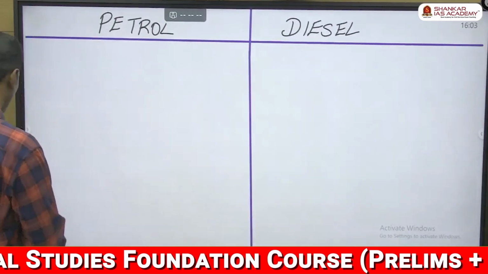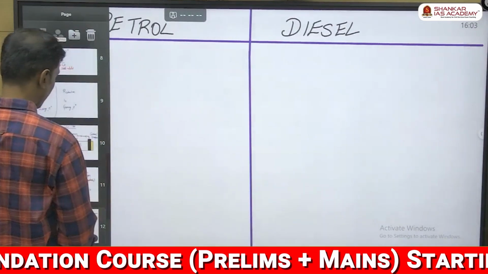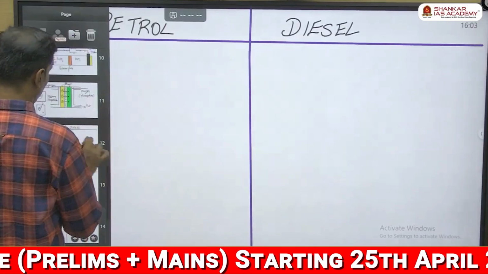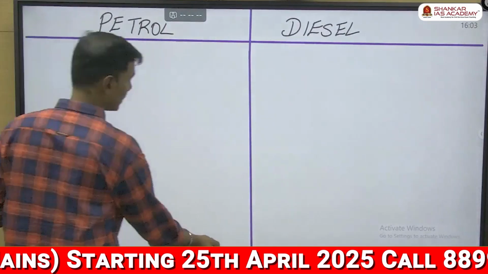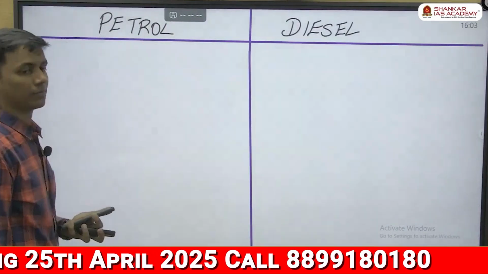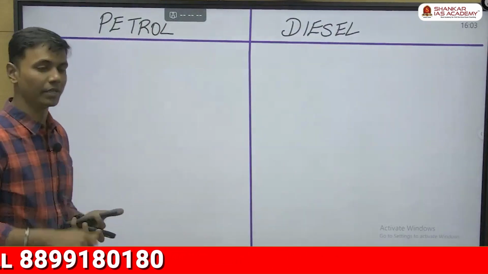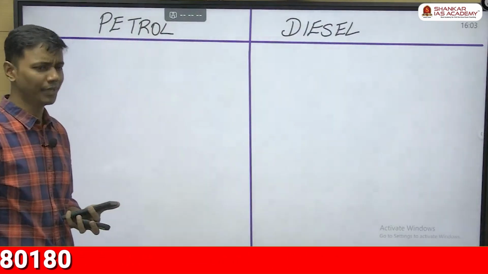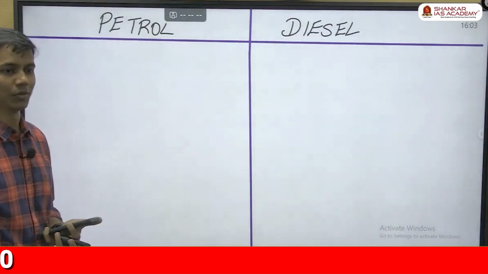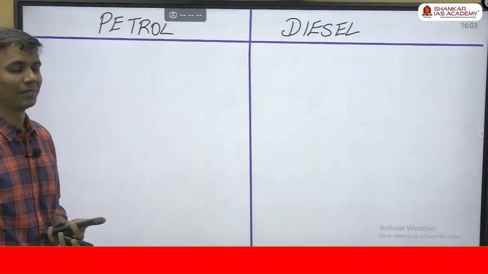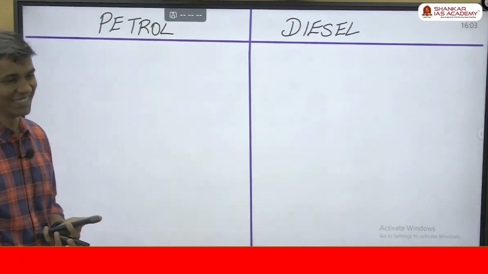First, comparing petrol and diesel, can you say which has higher density? Petrol or diesel, which has higher density, that is kilogram per meter cube? Petrol, sure. Diesel or petrol?